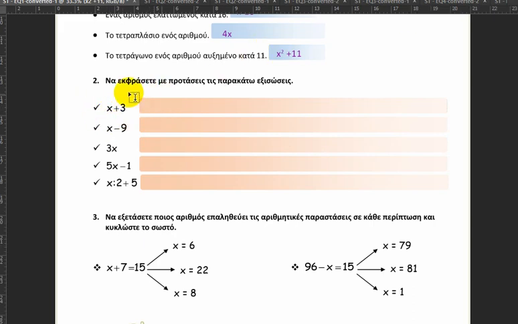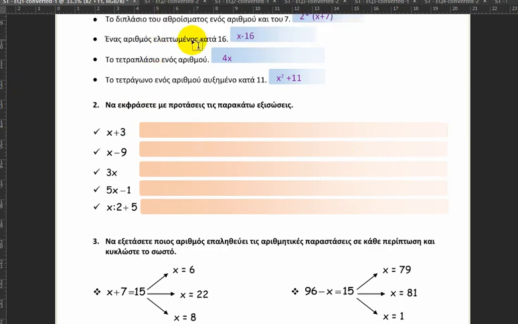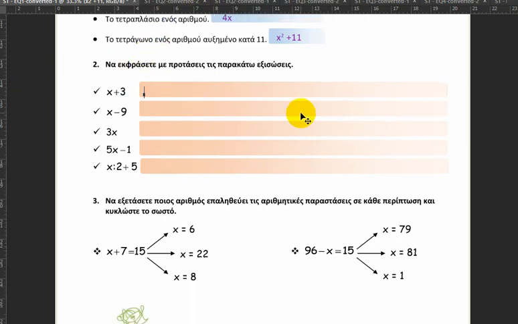Okay, so here we have x plus 3, and we need to do basically the opposite of it, which is to turn this, describe it basically. So here we have a number increased by 3. Below that is a number increased by 9, sorry.